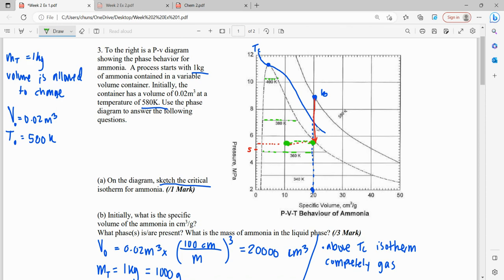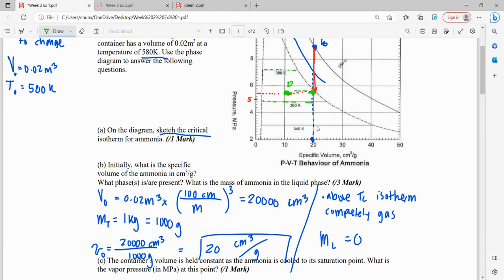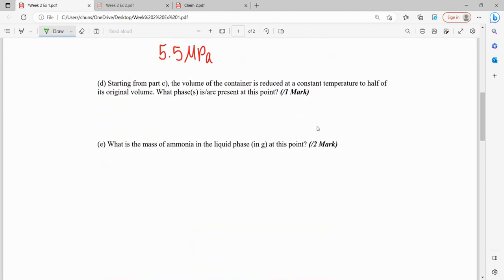So we see that point D is inside the liquid and vapor envelope. So both liquid and vapor are present.